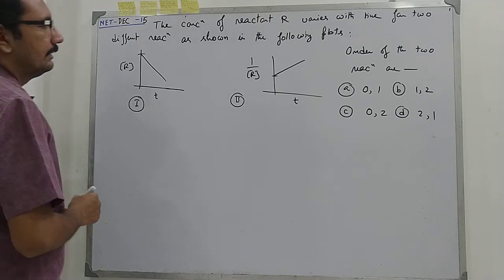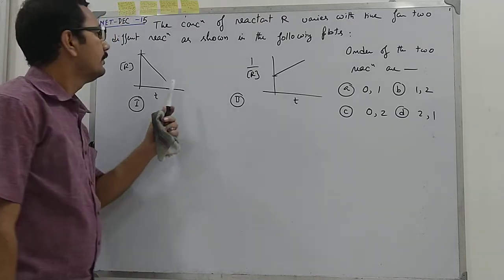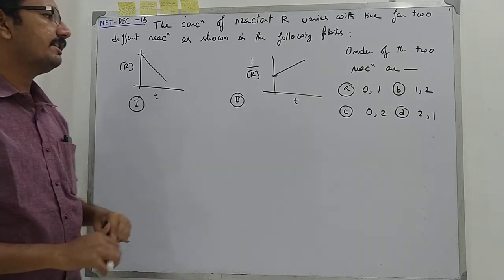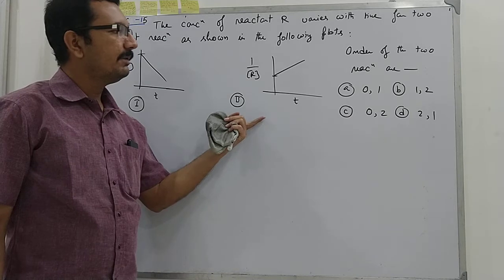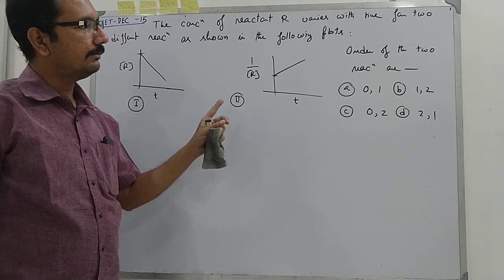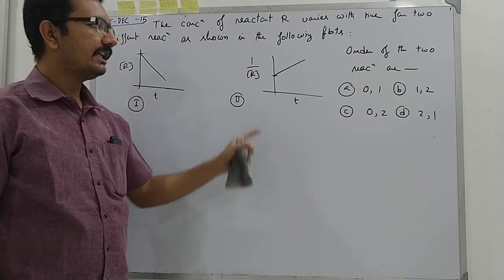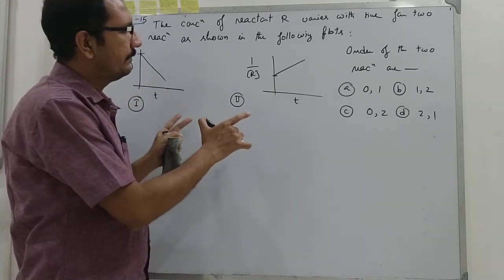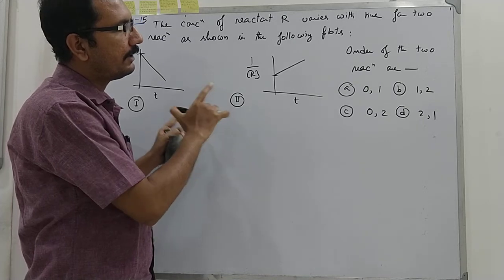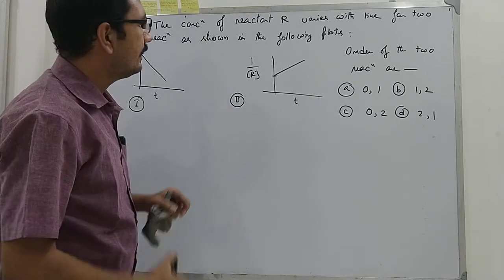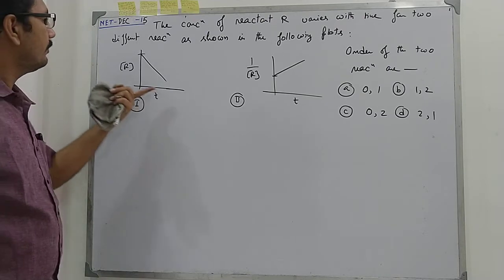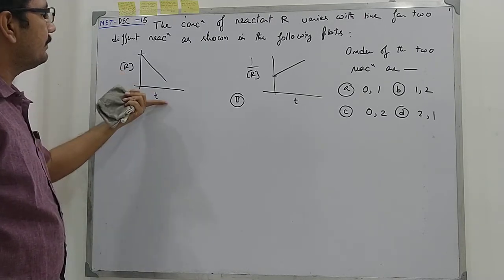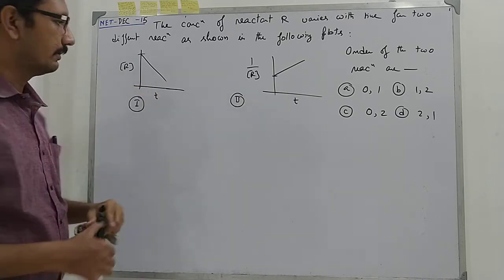Now, to solve this problem, please visit my lecture, please watch the video. It may be in part 14 of the playlist Chemical Kinetics, where I have made a summary of the zero order, first order and second order reactions, and in that video I have shown how concentration of reactant varies with time for zero order, first order and second order reactions.